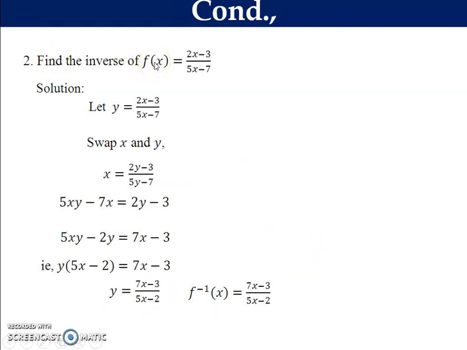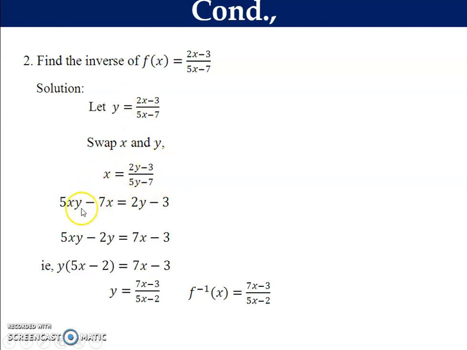In the second problem, find the inverse of f(x) = (2x - 3)/(5x - 7). Let y = (2x - 3)/(5x - 7). Swapping x and y, we get x = (2y - 3)/(5y - 7).